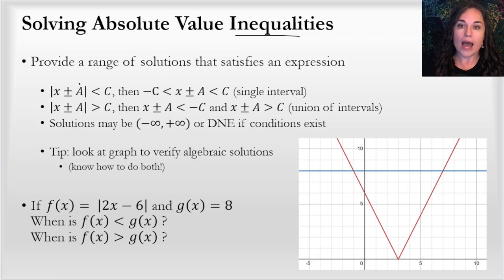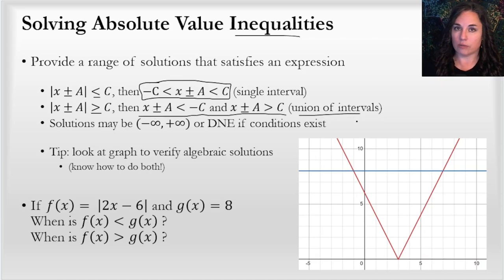Okay, so what happens is, and you may remember these rules if you've seen this before, if there's a less than or a less than or equal to, you're going to have a single interval for solutions. If you have a greater than or equal to, you're going to have two different intervals, a union of intervals, I'm calling it.